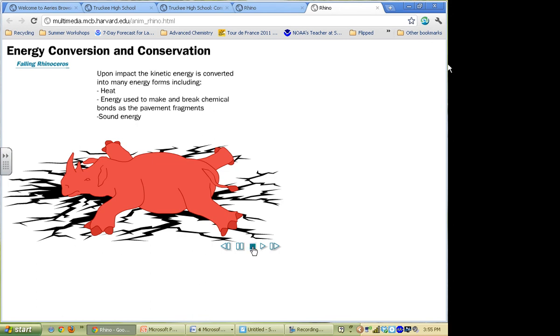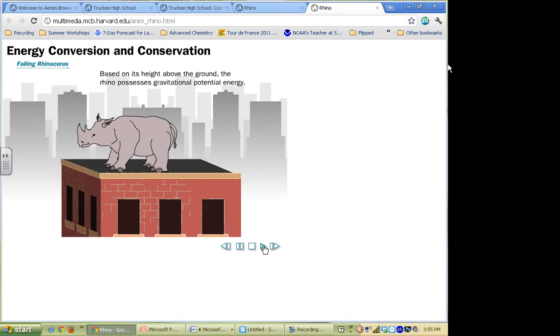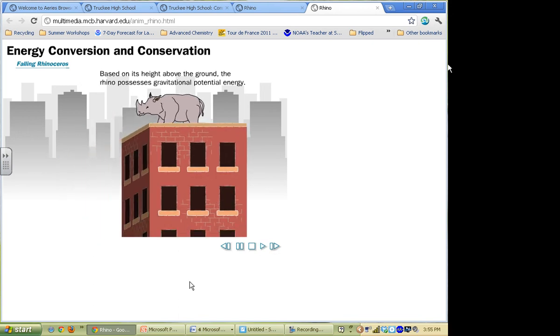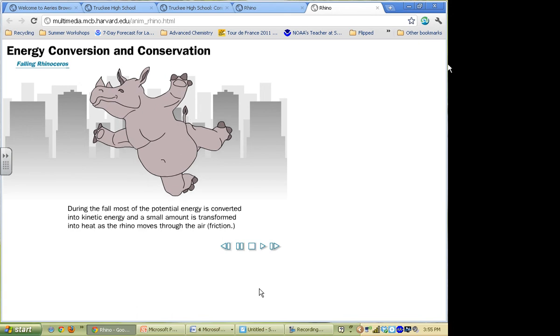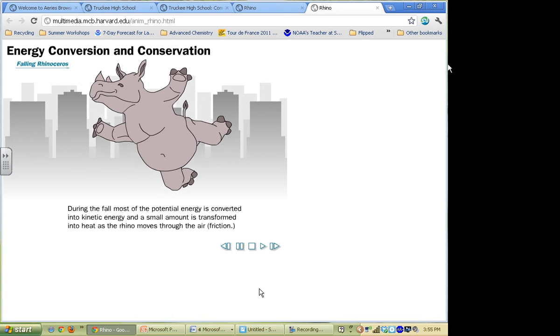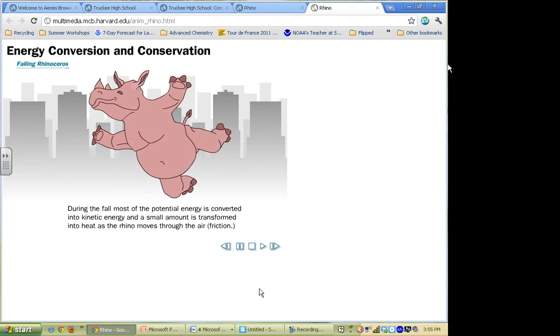Upon impact, let me go forward, sorry. Upon impact, that energy, let's watch him turn red again. There he goes, that's the air resistance.